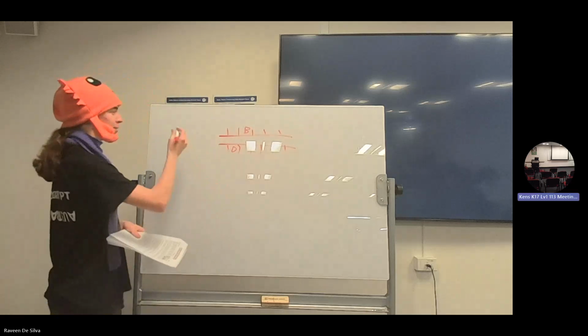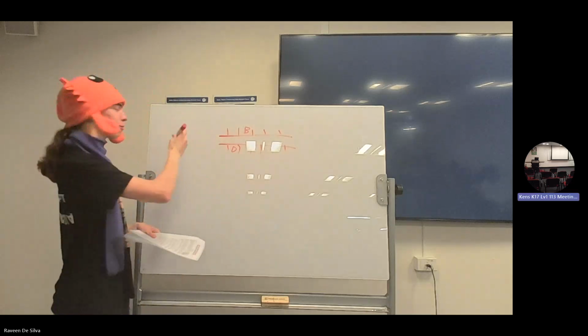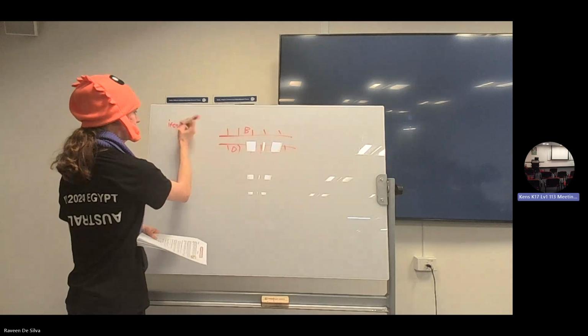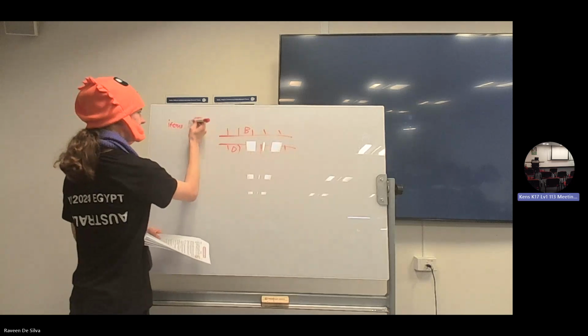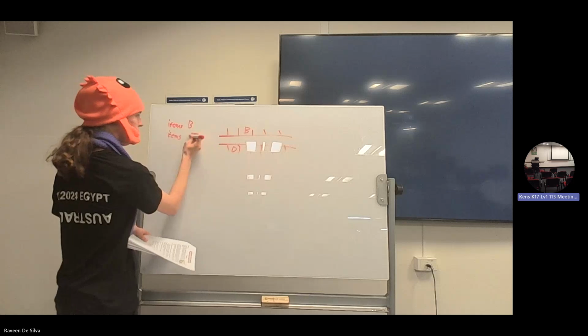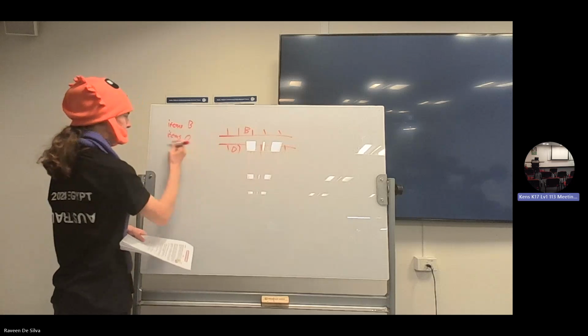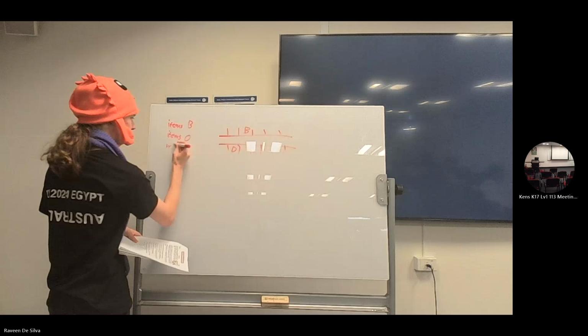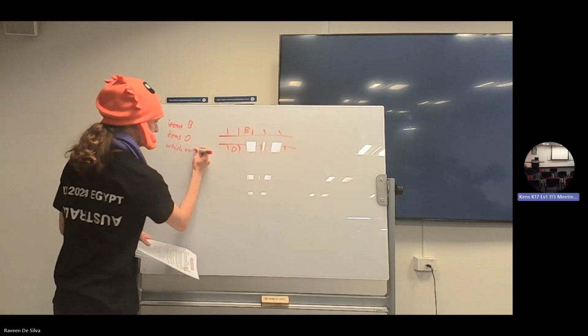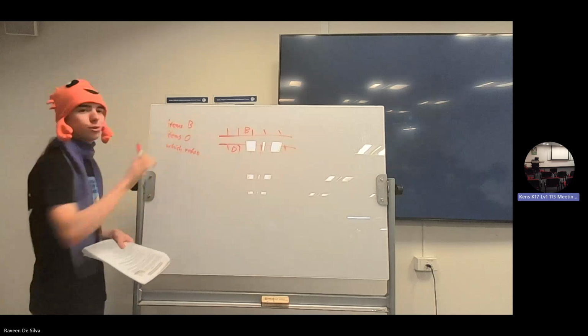The way I end up implementing it is you just have 3 queues: a queue for items of B, a queue for items of O, and then a queue for which robot leads, like the order of the 2 queues.